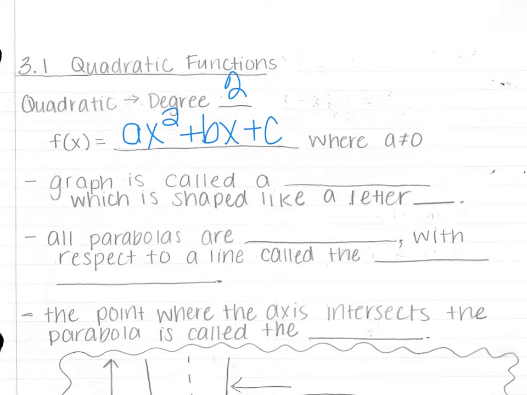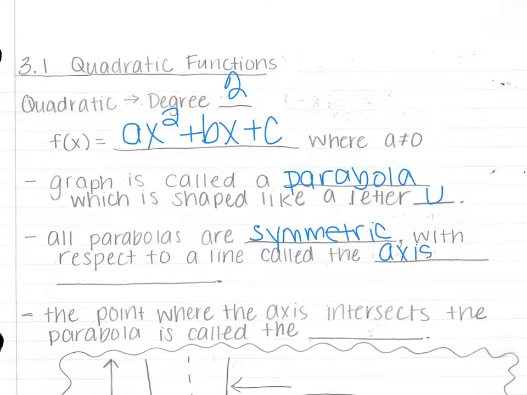Okay, so the graph is called a parabola, and it is shaped like a letter U. All parabolas are symmetric with respect to a line called the axis of symmetry.